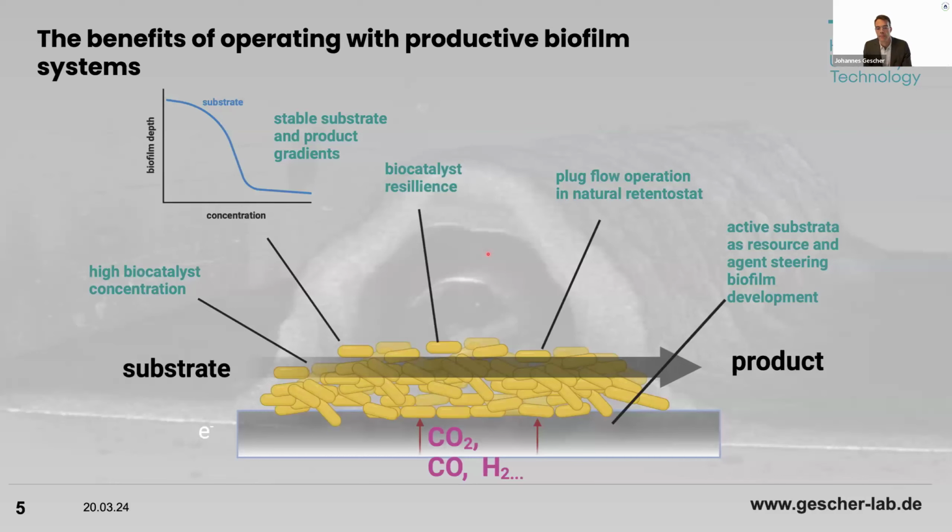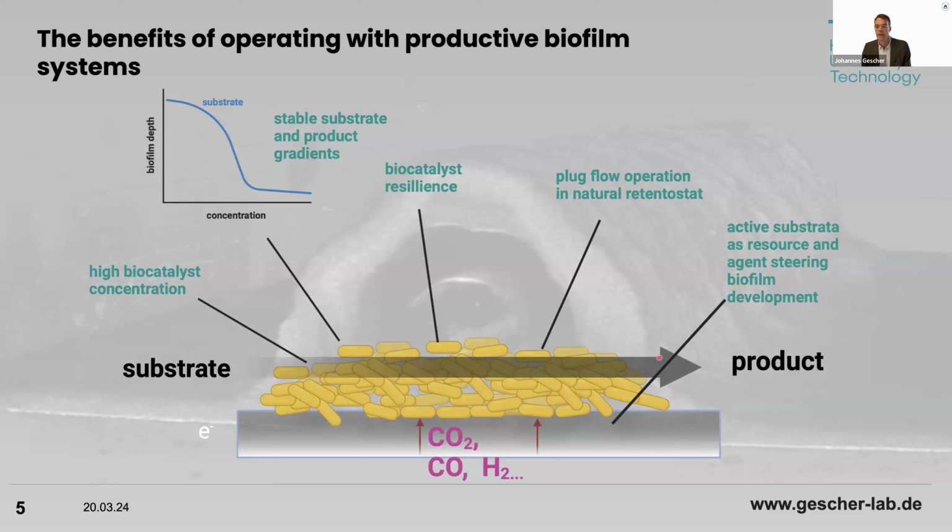So why do we think that biofilms have an advantage with regards to biotechnology? Advantage one: what you see here is a surface, and we have a biofilm growing on the surface. And one clear advantage is that the biocatalyst actually sticks to the surface naturally.